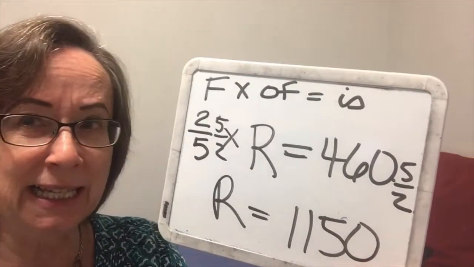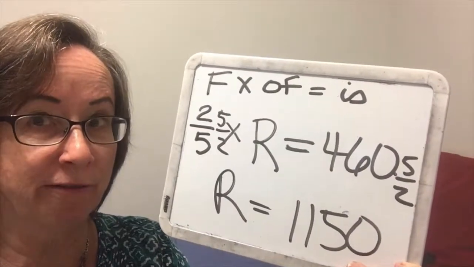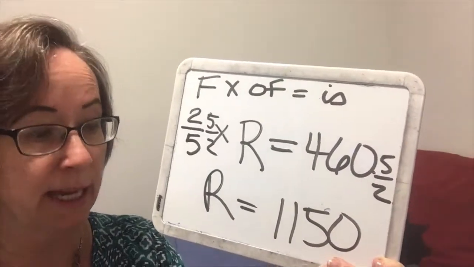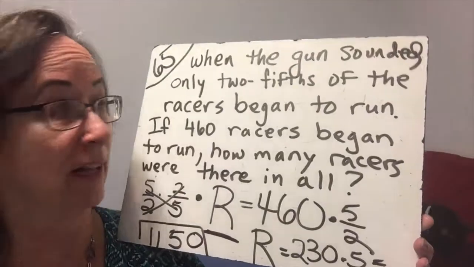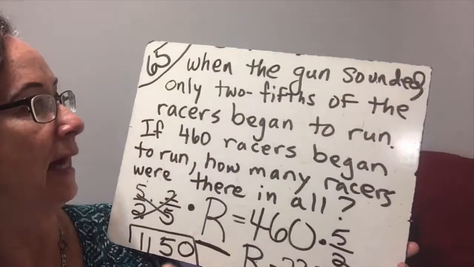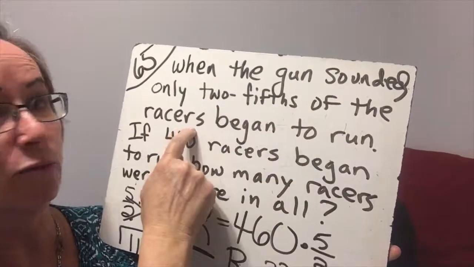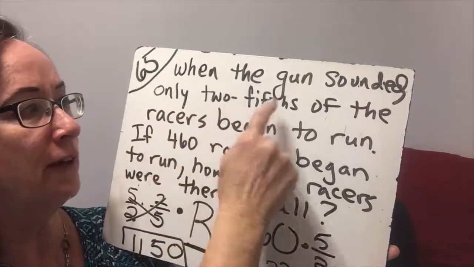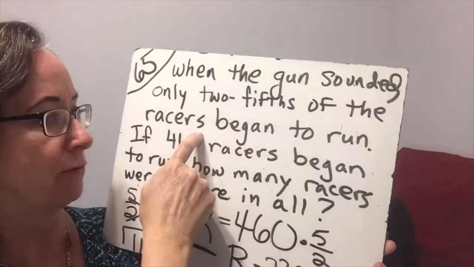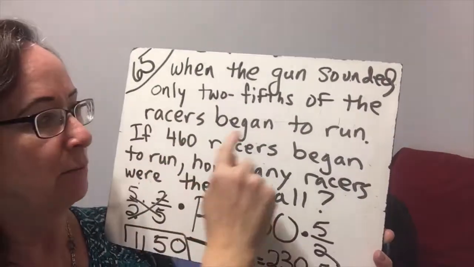Okay, so basically some of these you're just going to have to pick apart and figure out where it goes. Here, we had to reason it out a little bit, didn't we? Because it says 2/5 of the racers. So it's 2/5 of the total number of racers that began to run.